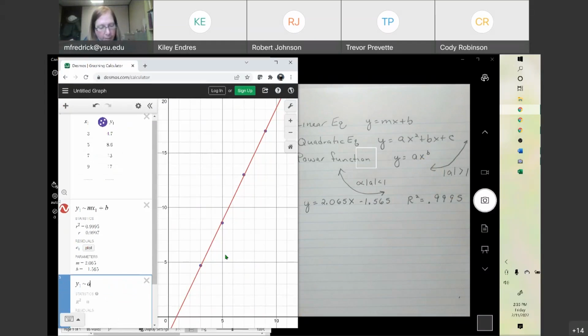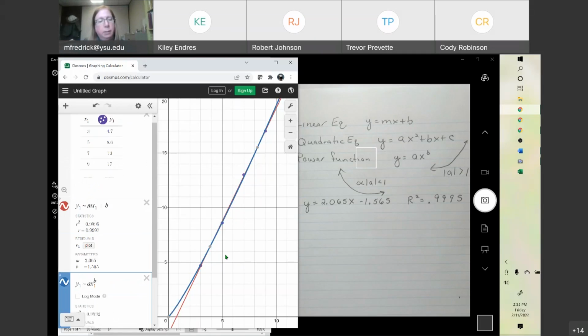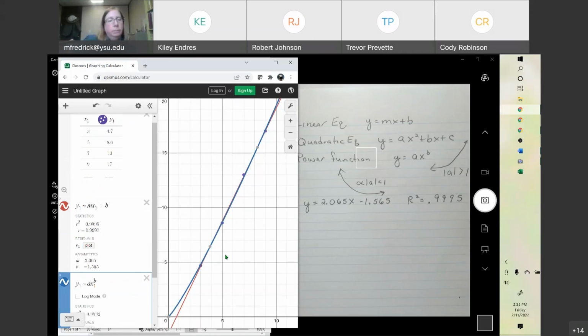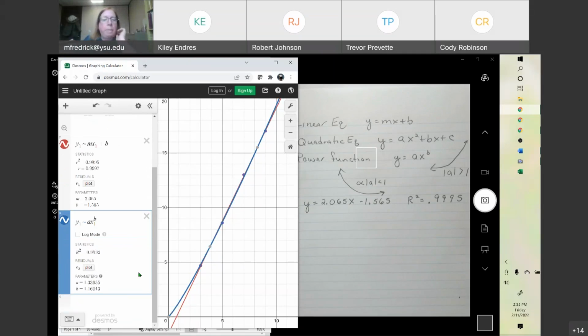So ax1, and then a caret gets you to the exponent, and put b. And then you can use the right arrow to come back down. So this would be your power function.